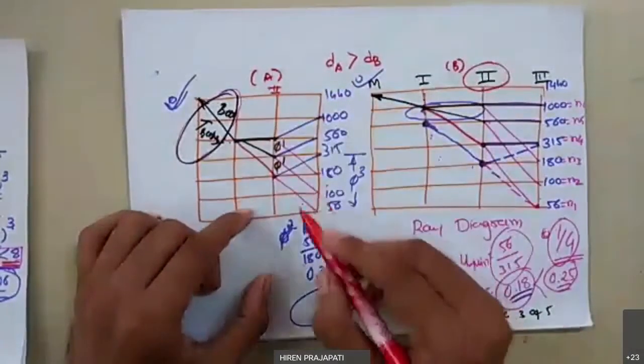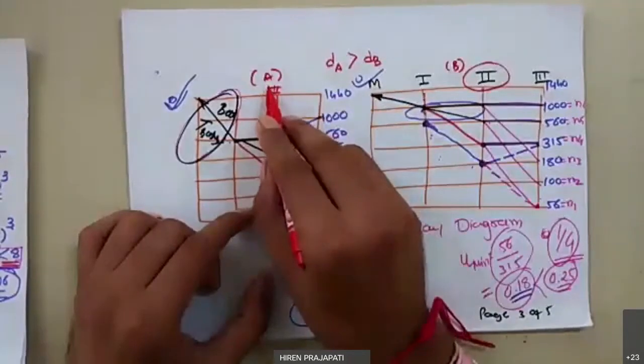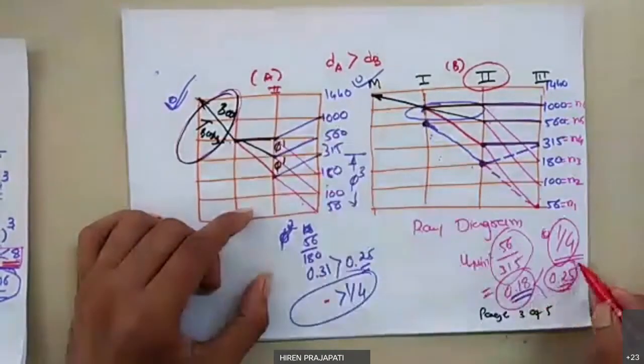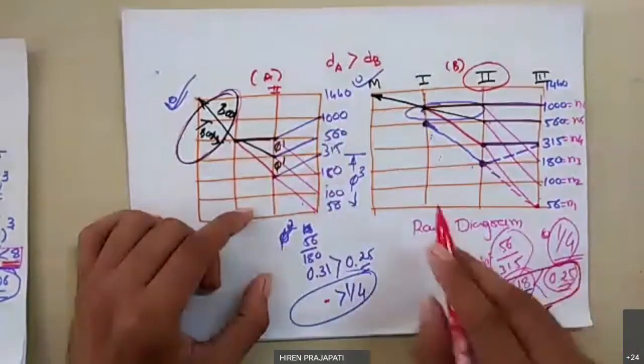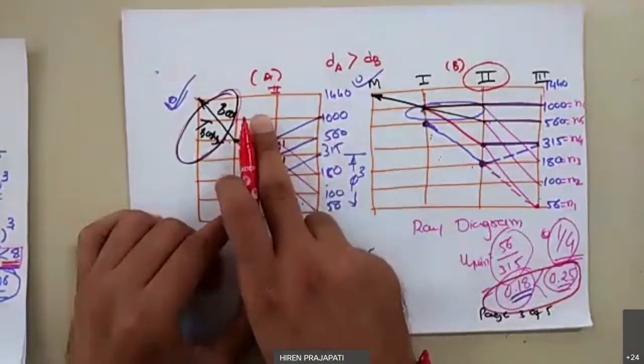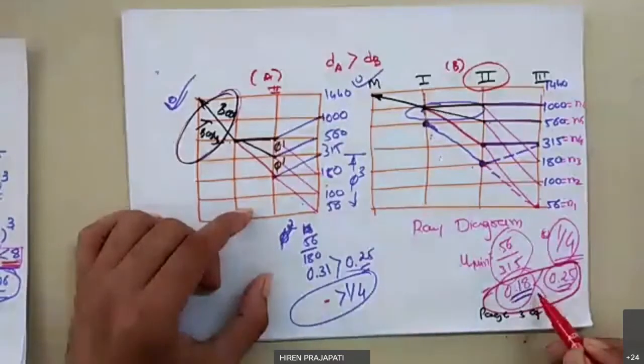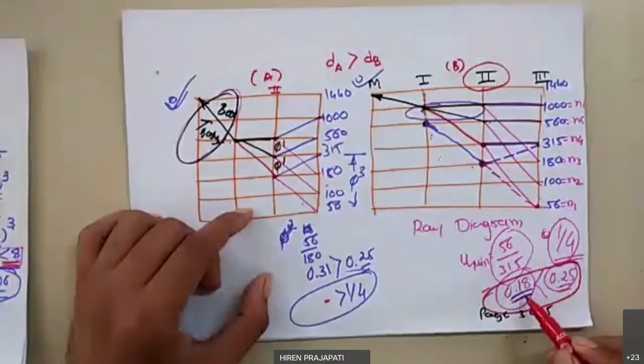So in that way, this diagram has some restriction. But why did we move to diagram A? Because we were getting a reduction in speed ratio of 0.18, which is less than 0.25.